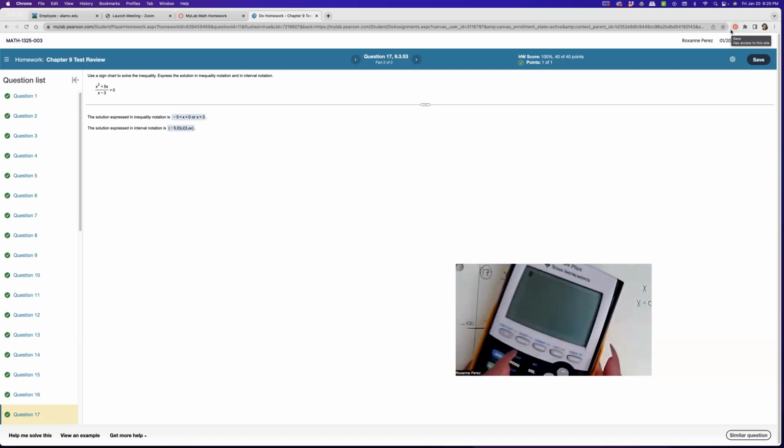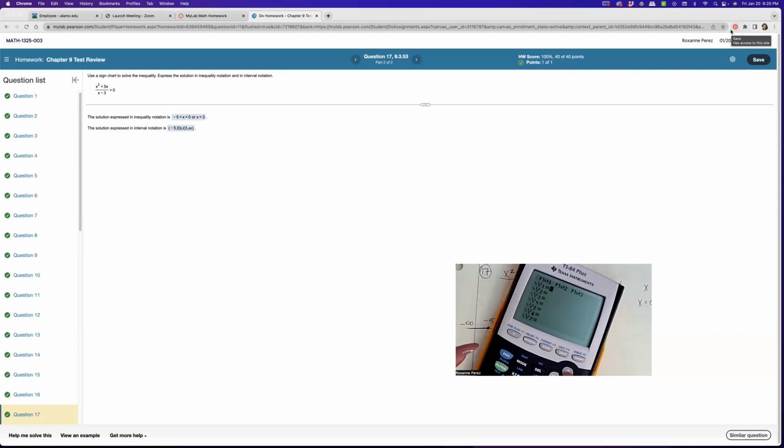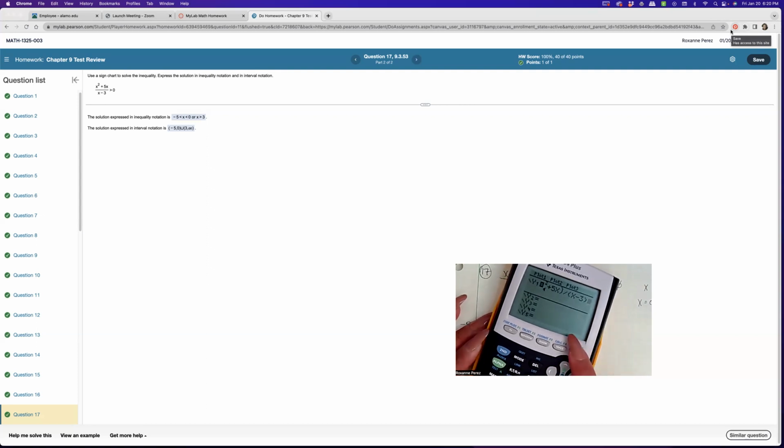So we're going to make our life easy, and we are going to graph these. So open parentheses, x squared plus 5x, close parentheses, divided by x minus 3, close parentheses, graph. There's our function.